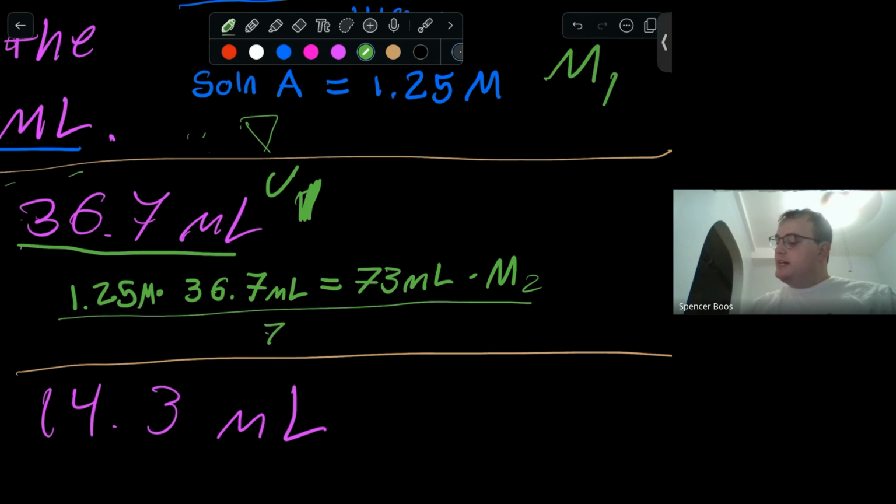Divide both sides by 73 milliliters, and bring out your handy dandy calculator. Everybody should keep a calculator by their computer, right? Imagine all the learning you're missing out on if you don't have it next to your computer.